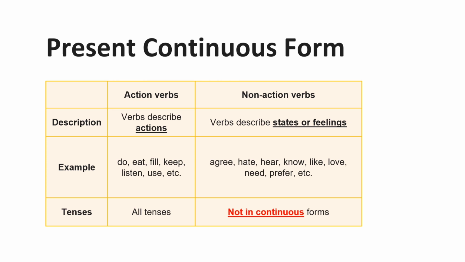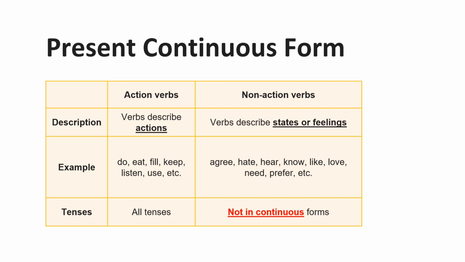And we also have non-action verbs. These verbs describe states or feelings, not actions. For example, verbs like agree, hate, hear, know, like, love, need, prefer, etc. When we use these verbs, we're not talking about actions.